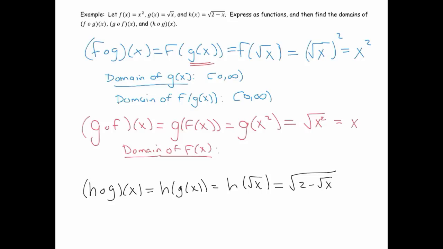So the domain of f of x, well, f of x takes things and squares them, and you can do that with any number, so that domain is negative infinity to infinity. And then what does g do? Well, it square roots things. Now, when you input a number into f of x, it's going to square them, which means you're going to get all positive numbers, or 0.